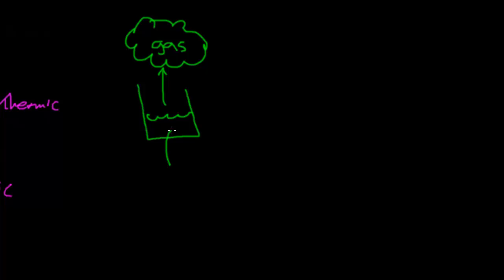I know to make that happen I have to add energy, so this is an endothermic process, because I'm having to add heat. Now if this process takes place at constant pressure, then that heat is going to be equal to the enthalpy change. Since this process is called vaporization, we're going to call that the delta H of vaporization.